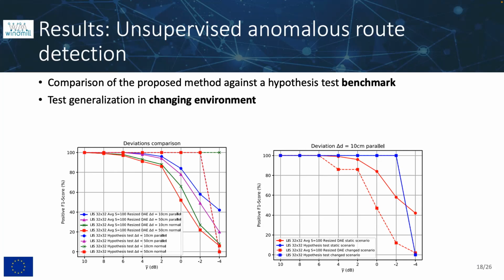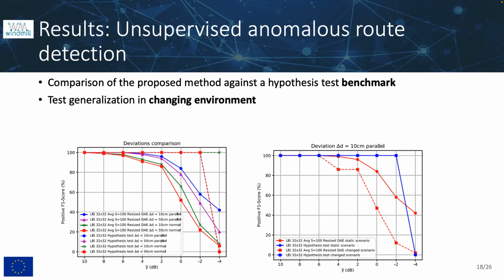Also, another interesting point to highlight is that as we are using this autoencoder for augmenting the image resolution, we have a behavior that is contrary to traditional wireless sensing. Because if we see here, the 10 centimeter deviation works better than the 50 centimeter deviation. This, in principle, might seem wrong, but it's not actually the case.